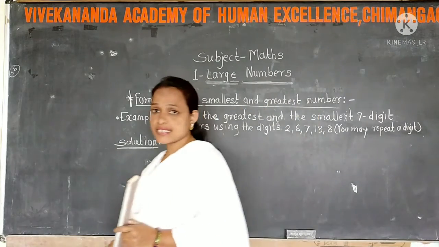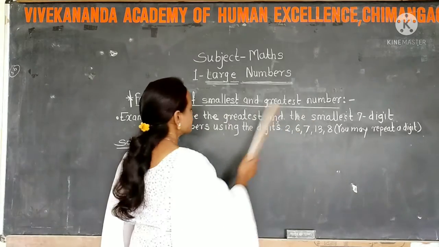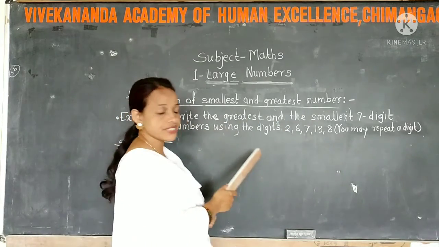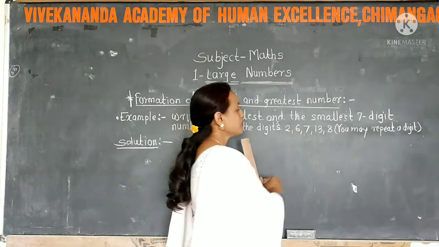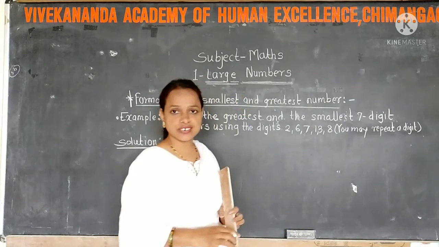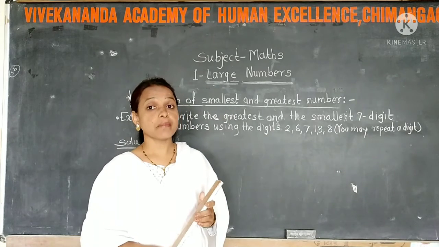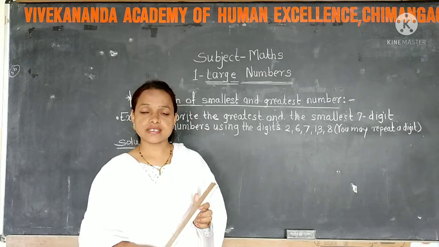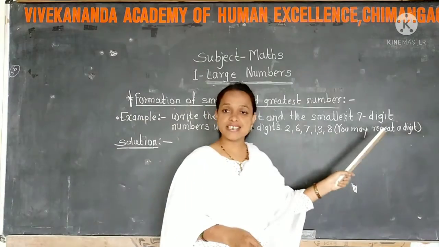Now, in this example, let's see. Write the greatest and smallest 7-digit numbers using the digits 2, 6, 7, 1, 3, 8. You may repeat a digit. Here 6 digits are given and we have to make a greatest and smallest 7-digit number, that's why we have to repeat one digit.